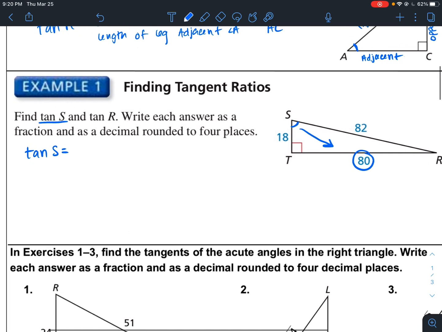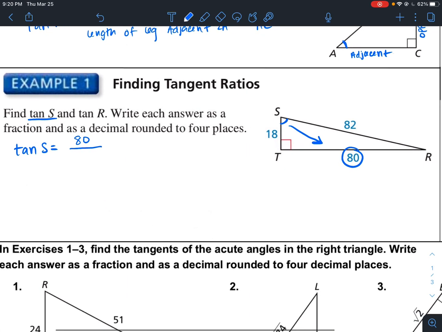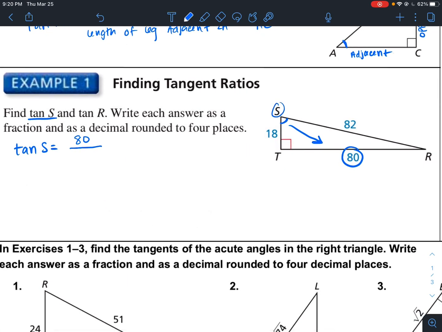And so, tangent of S is equal to the length of the opposite side, which is 80, divided by the adjacent side, and the adjacent side to S would be 18. 82 is the hypotenuse. 82 is always the hypotenuse, okay? And so the adjacent side to S would be 18.